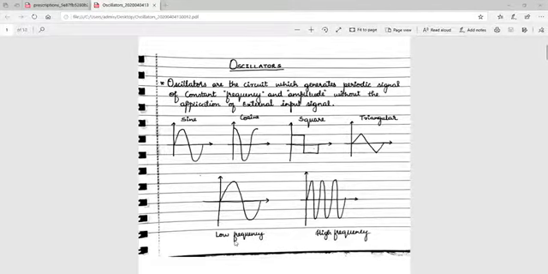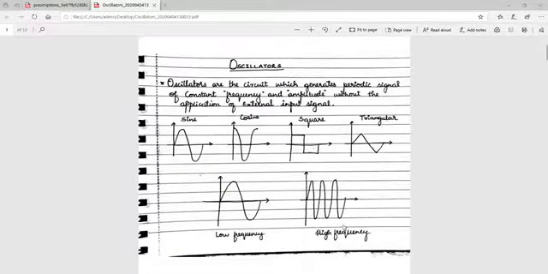We can tell this particular oscillation is of low frequency, where if we take this particular time interval t, I have only one cycle of oscillation, whereas within the same time interval t I have three cycles of signal. So this is of higher frequency when compared to this. So these are low frequency and these are higher frequency oscillations.